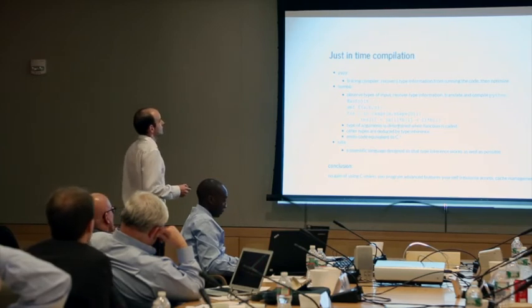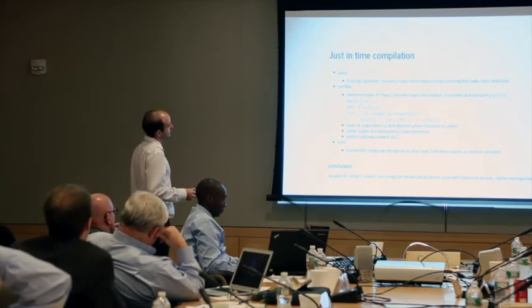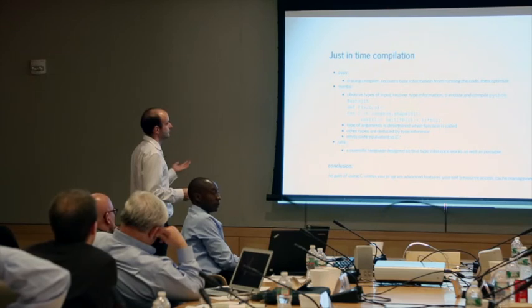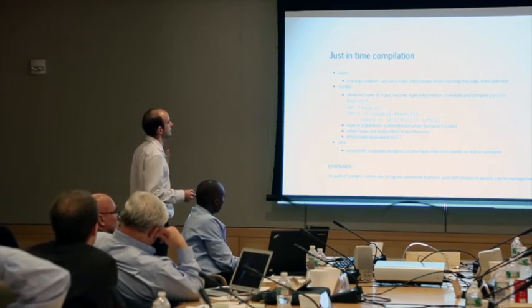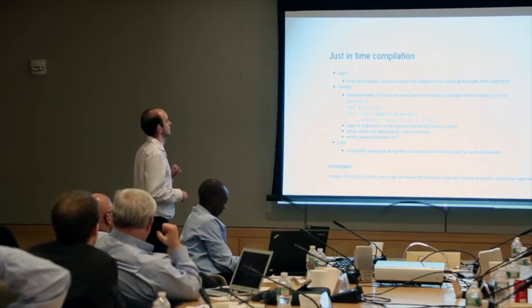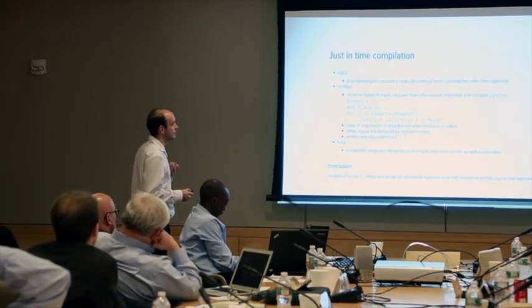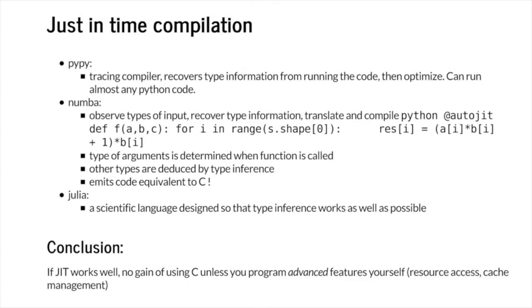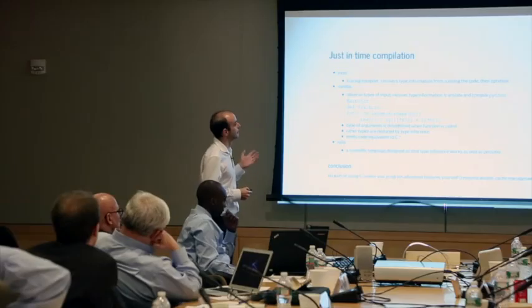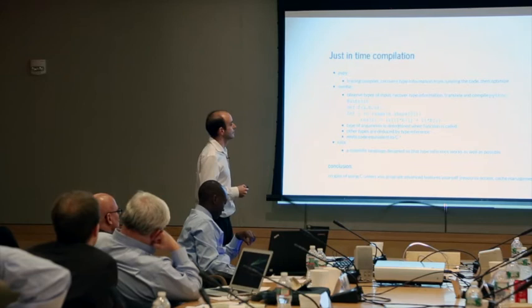If you have this function written in Python, as I said, if you write it that way, it will be slow because it has to check for the types at each single node. Okay, but if the language knows the types of A, B, and C, then it doesn't require so much intelligence to deduce that I, given that I is clearly an integer here, that will be a float, that will be a float too.